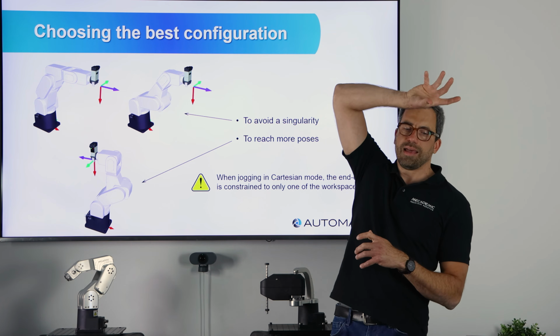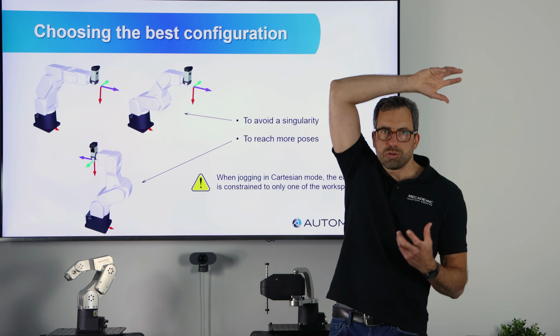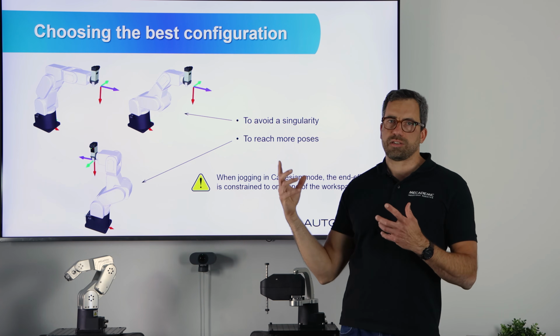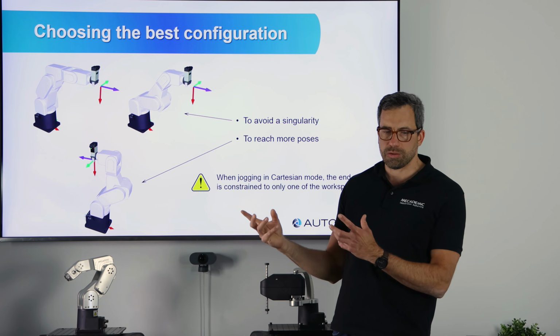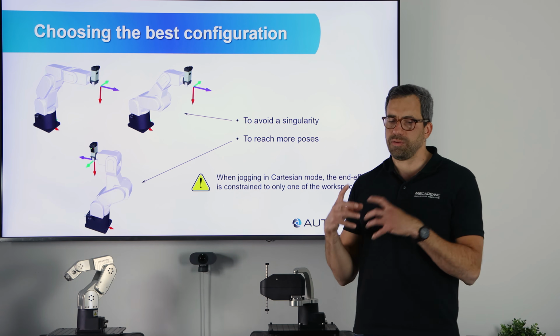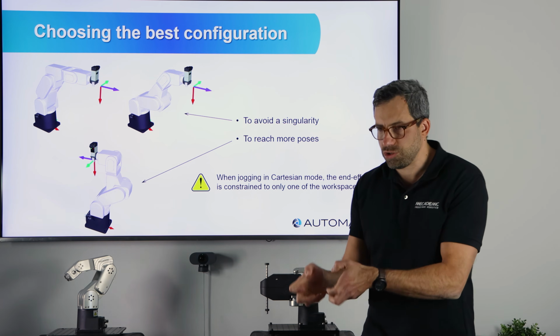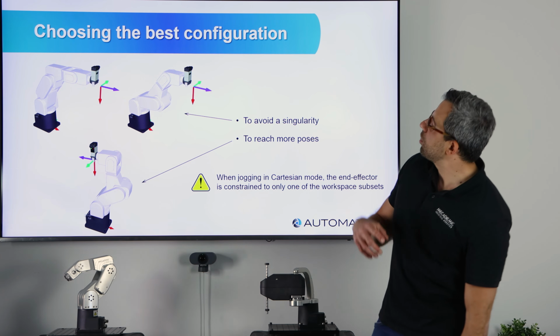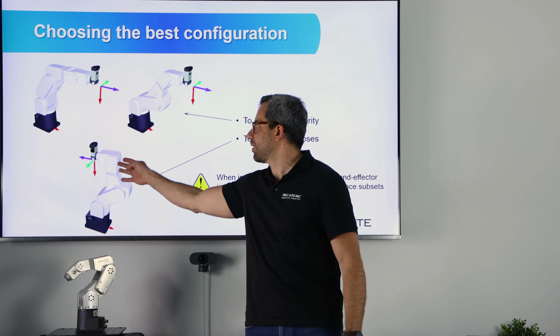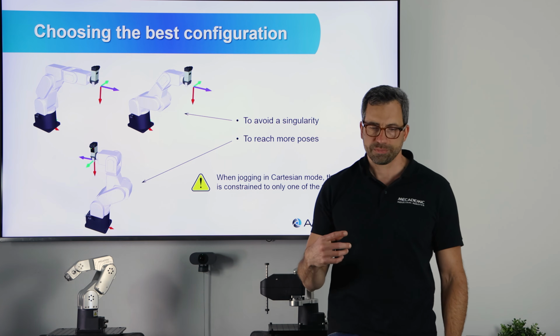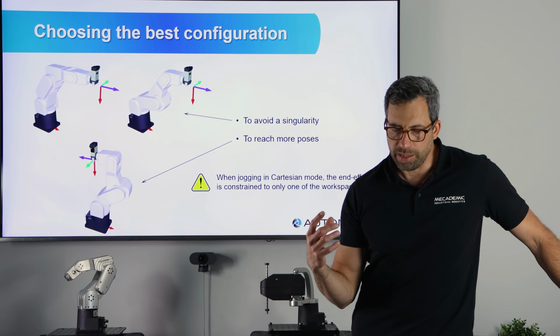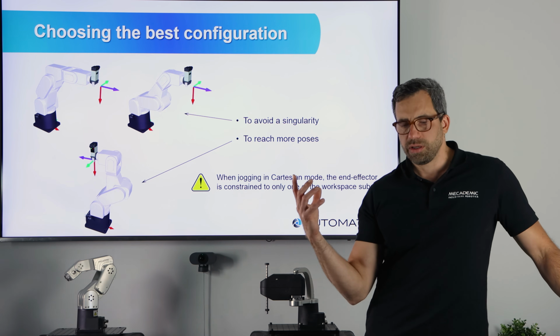You can easily choose the best configuration by visualizing it, by going there in some configurations menu. This is the best way, because if you do this by jogging on the real robot, you will probably never think of going somewhere in some kind of fancy configuration. So always use robot simulation software.